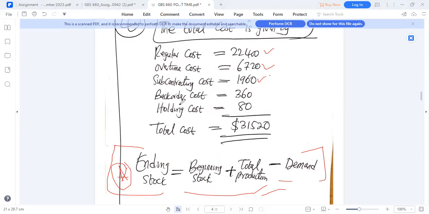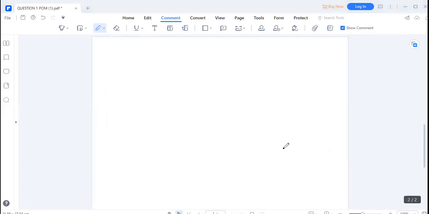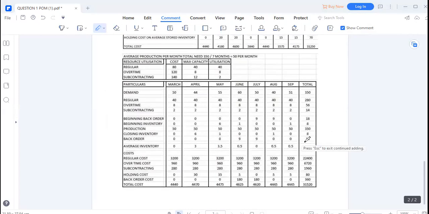So getting down to this one here, it is giving us 31,520, same as the one we found. So this one is okay. The final answer should be 31,520 on the total cost.